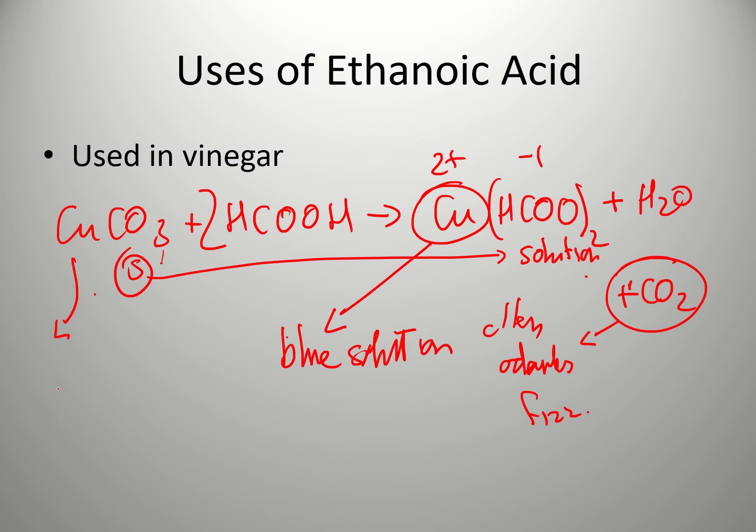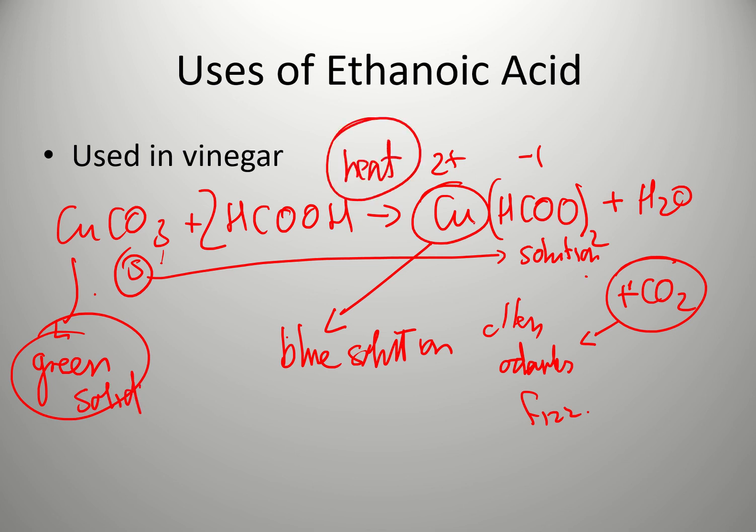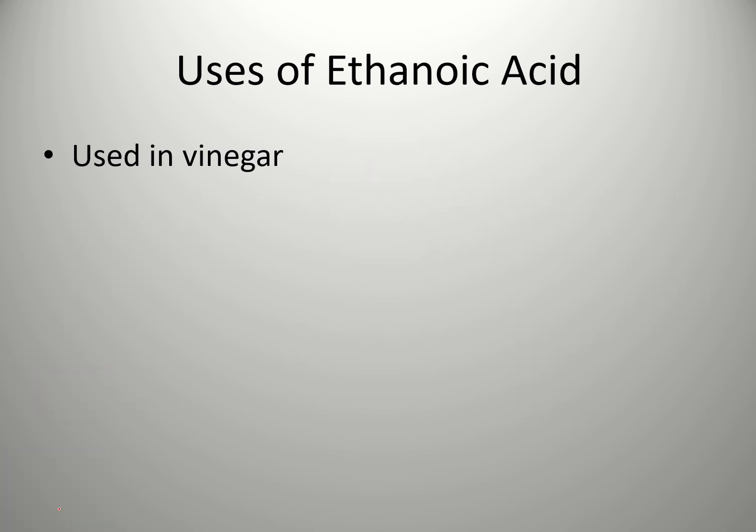Our copper carbonate to begin with, this is one of the ones you need to know, is a green solid. So our green solid disappears. We also get a bit of heat given off here, not huge amounts of heat in this one, okay, and we get a blue solution from a green solid. So just be cautious of that one there, guys, when they throw a transition metal one into the mix.